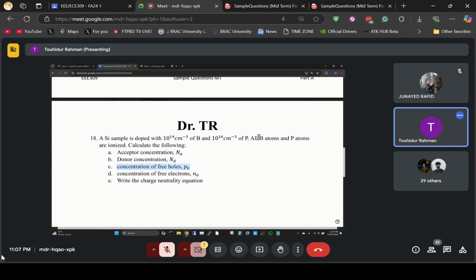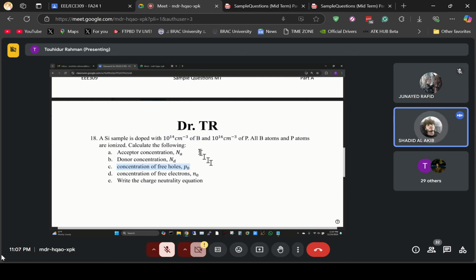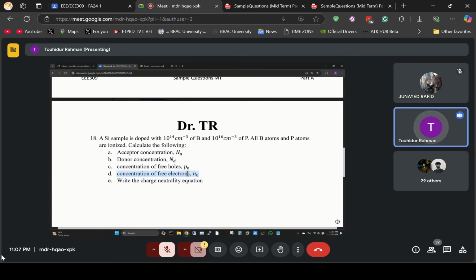All means 100%, and we have this amount of boron atoms, so what will be the hole concentration? 10 to the power 14 per centimeter cube. Similarly, all the phosphorus atoms donated all the electrons.